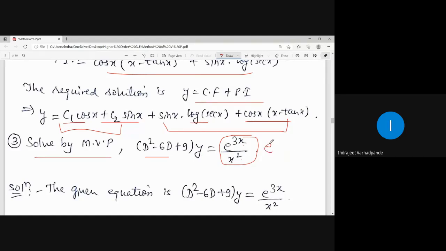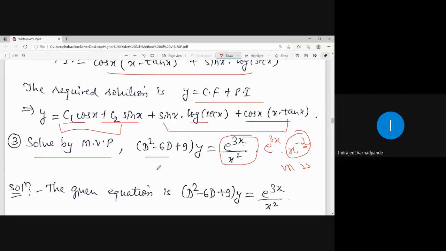कोई अगर सोच रहा होगा कि e to the power 3x to be multiplied by x to the power minus 2, but this is not case 3 because therein m is a positive integer. Here value of m is negative. If you are trying to convert it into case number 4, no, because this x square when it goes to the numerator becomes x to the power minus 2.